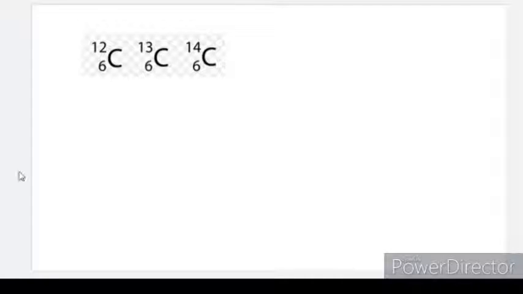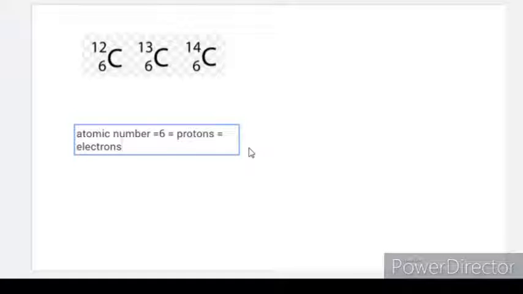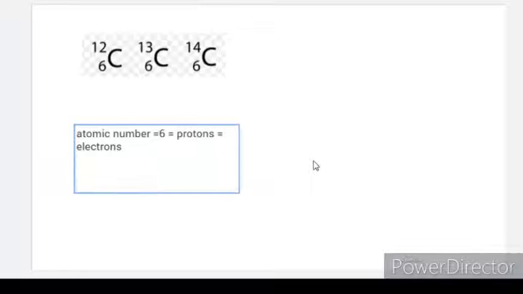So for this case, the atomic number is equal to 6, which is also the same as the number of protons, which is also equal to the number of electrons. While 12, 13, and 14 are called the mass numbers.